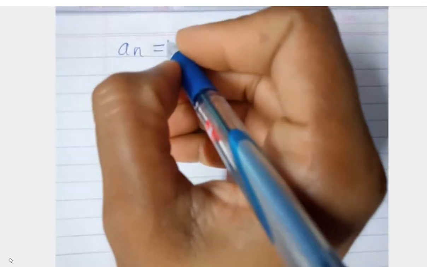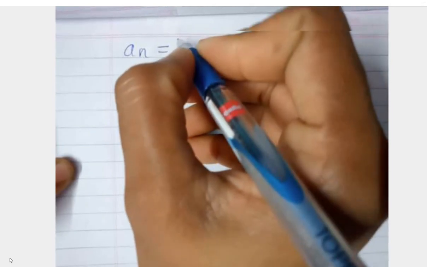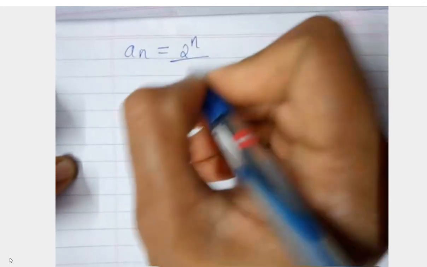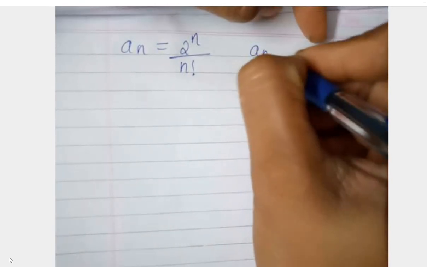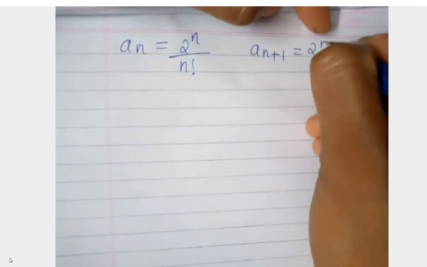Consider an equal to 2 raised to n divided by n factorial, and an plus 1 equal to 2 raised to n plus 1 divided by n plus 1 factorial.